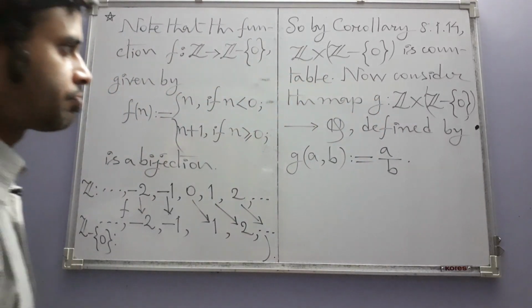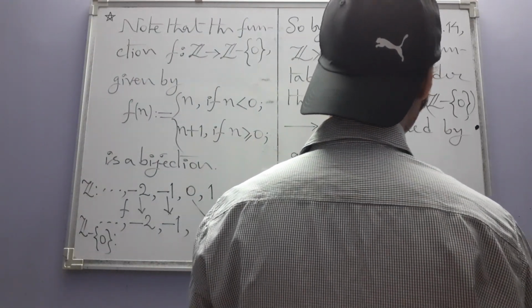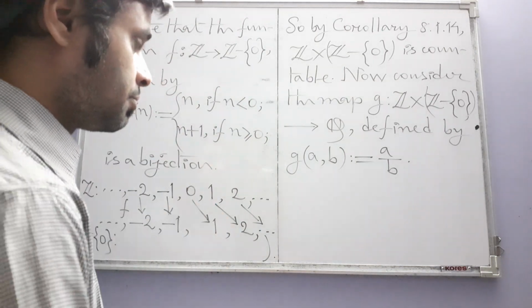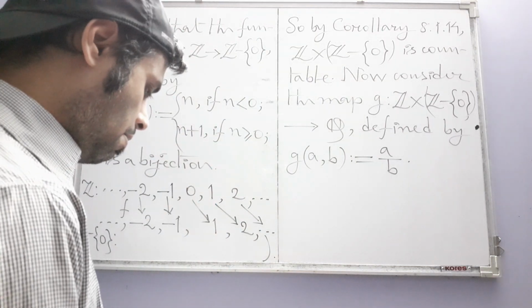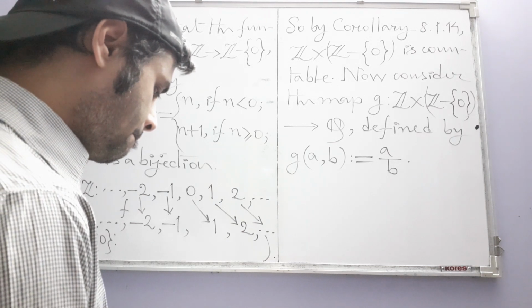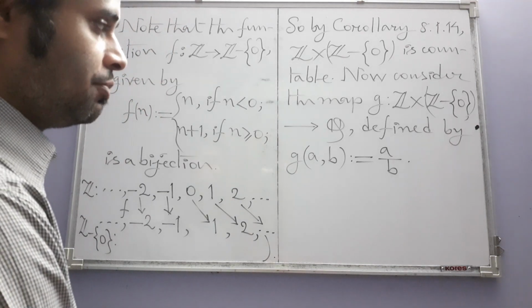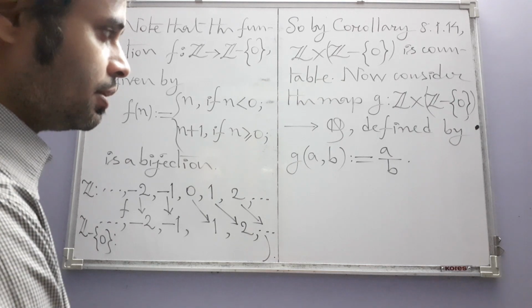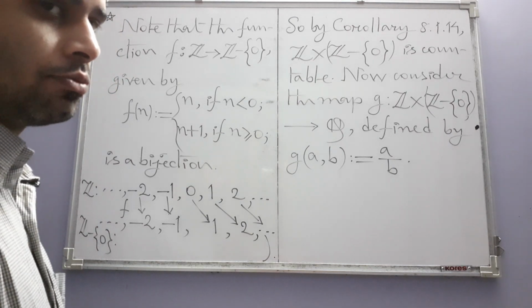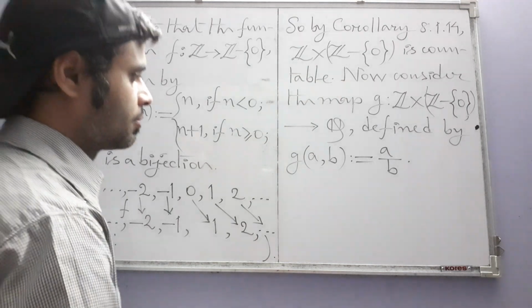Okay. Now, this map need not be shown to be one-to-one. It is not one-to-one. Okay, it won't be one-to-one. You can almost see why.